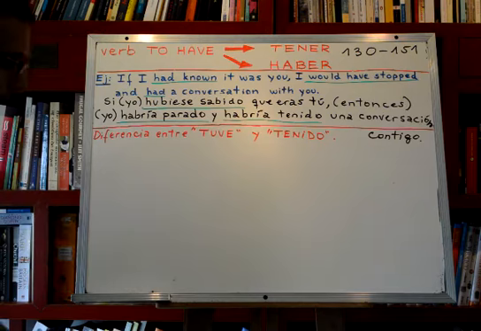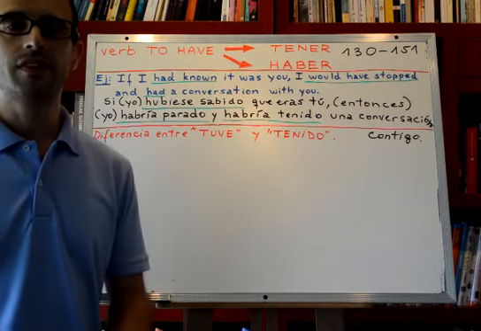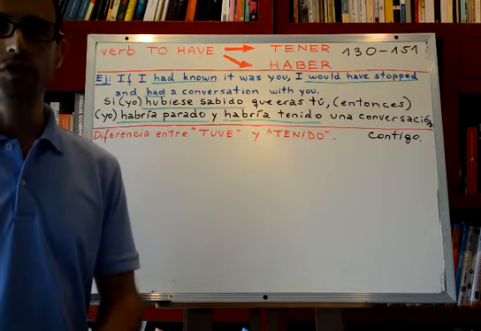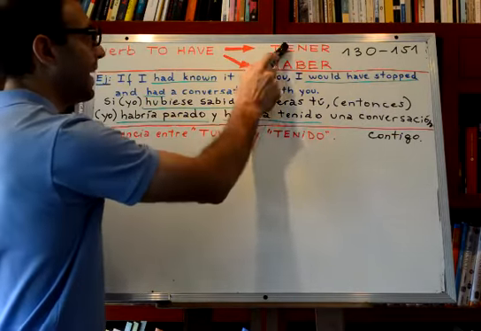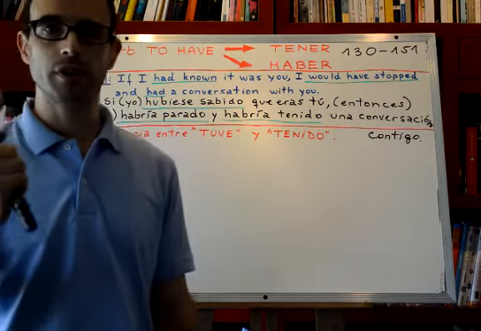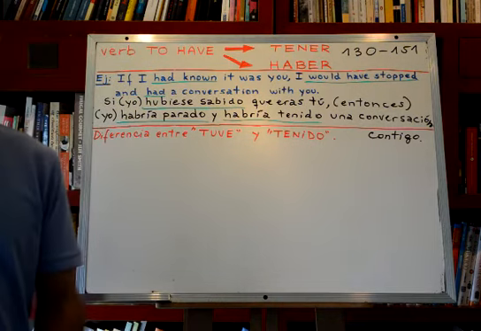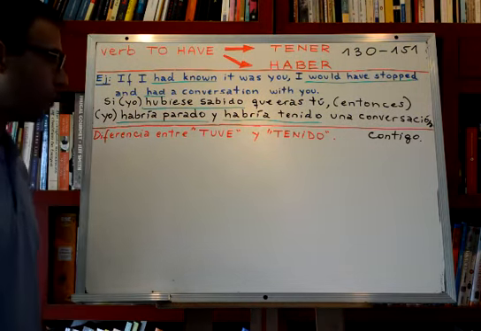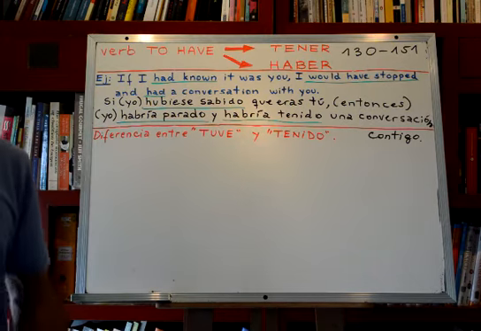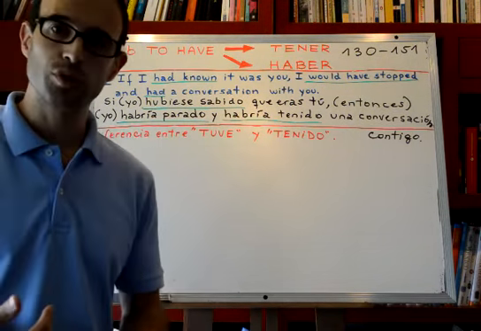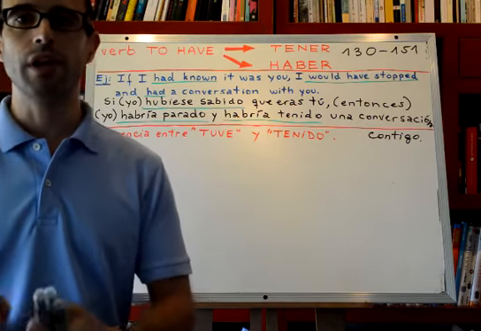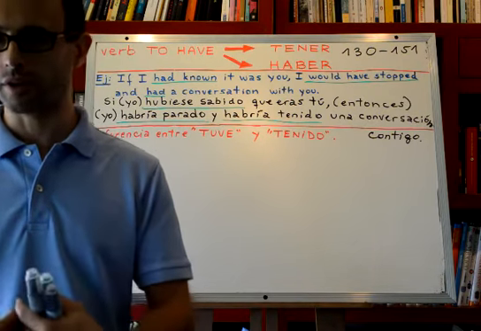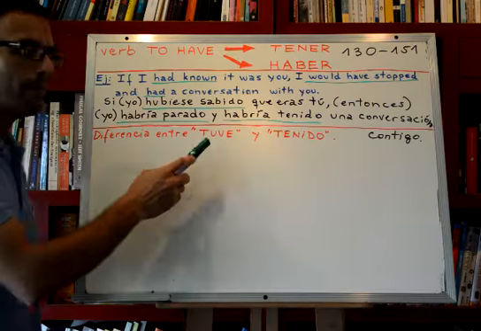Tuve is simply the simple past conjugation of the verb tener for the first person of the singular, right? For I, yo. So, yo tuve hambre, I had hunger. Remember in Spanish we don't say I feel hungry, we say I have hunger, okay? Yo tuve hambre.